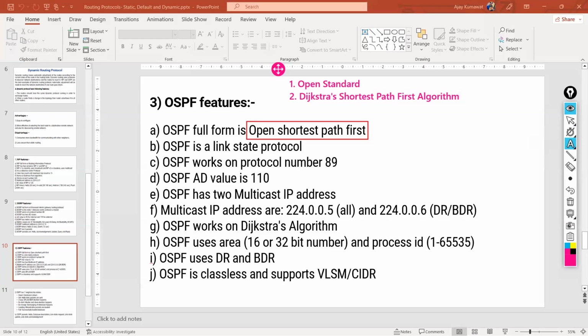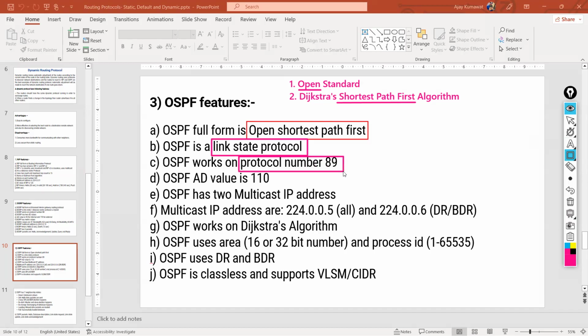So the "open" in OSPF came from here, and SPF came from here. This is why it is Open Shortest Path First. Then it is a link state protocol, and it uses protocol number 89.